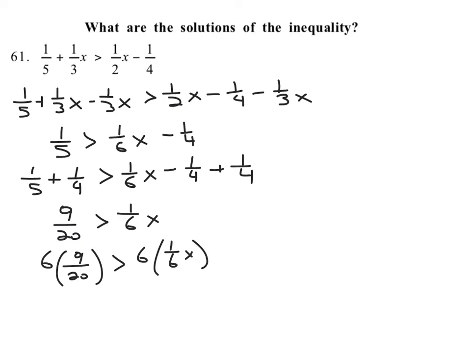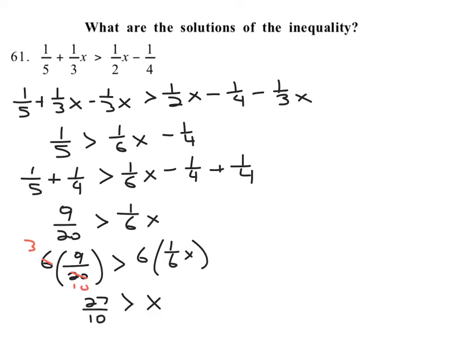On the right-hand side, the whole point of multiplying by 6 is to cancel out that 1/6, giving me just x. And on this side, let's see what we can cancel. That becomes a 10. That becomes a 3.